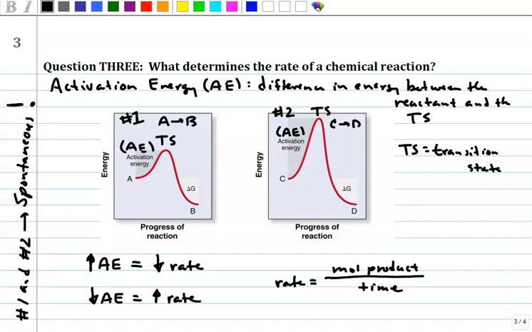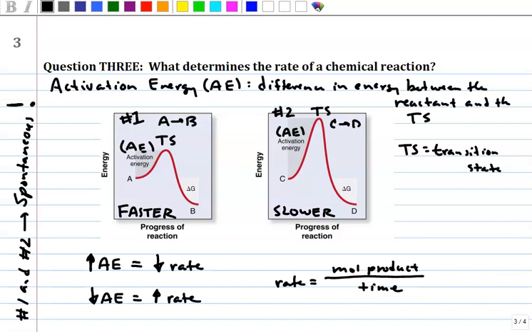Okay, before we leave this page, which reaction is faster? Number 1, A going to B, or number 2, C going to D. You need to look at the difference in energy between the reactant and the transition state of the reaction, and that will give you the answer. This reaction number 1 is definitely faster, and number 2 would be slower. Why is reaction number 2 slower than reaction number 1?